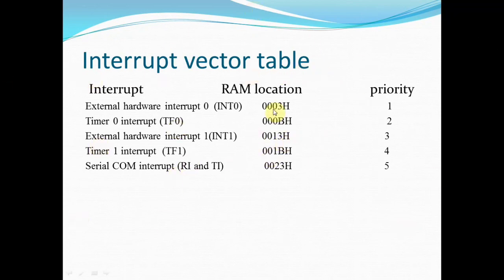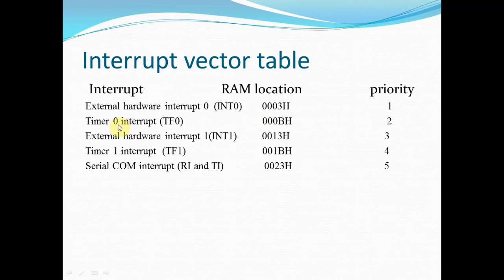This interrupt vector table shows you the type of the interrupt and the memory address for each interrupt, which is the address of the interrupt service routine. So if the external hardware interrupt 0, that is INT0, is invoked, then the address of the ISR is 0003. That means the user has to write the interrupt service routine starting from the address 0003H.